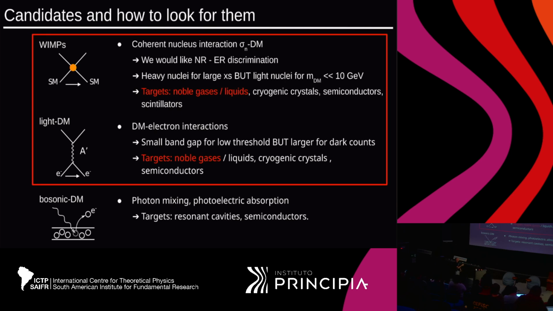Ideally, we would like to have nuclear recoil, electron recoil discrimination if we are looking for WIMPs or WIMP-like particles that interact with the nucleus because of all the things that we just discussed. Then we have this trade-off between heavy nuclei that have a large cross-section, but we want to have light nuclei in order to be able to have an efficient kinematic transfer, okay? And for this, well, we are going to focus on this.